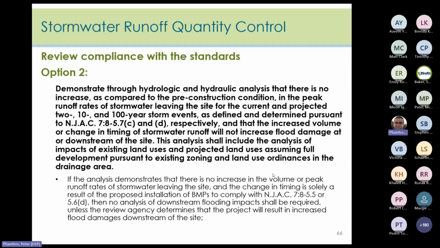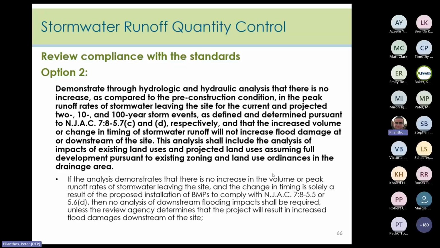All right, moving on to option number 2. Demonstrate through hydrologic and hydraulic analysis that there is no increase as compared to the pre-construction condition in the peak runoff rates of stormwater leaving the site for the current and projected 2, 10, and 100-year storm events, as defined and determined pursuant to N.J.A.C. 7:8-5.7 (c) and (d) respectively, and that the increased volume or change in timing of stormwater runoff will not increase flood damage at or downstream of the site.